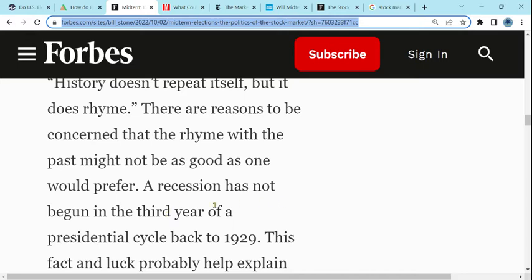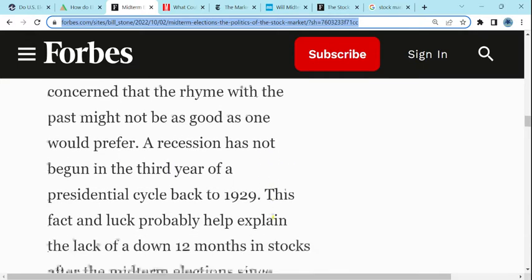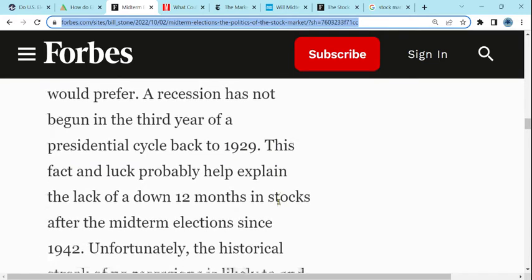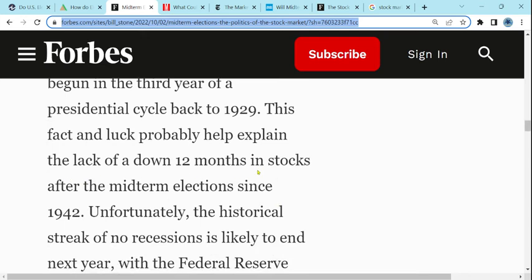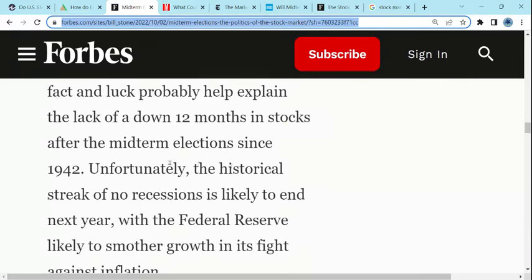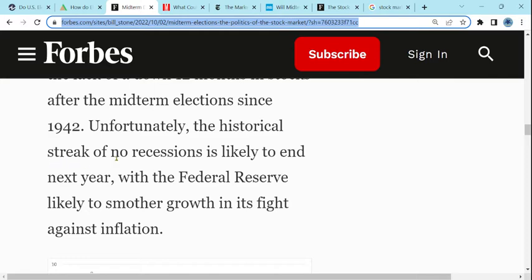A recession has not begun in the third year of a presidential cycle back to 1929. So this fact and luck probably help explain the lack of a down 12 months in stocks after a midterm election since 1942. Unfortunately, the historical streak of no recessions is likely to end in 2022.